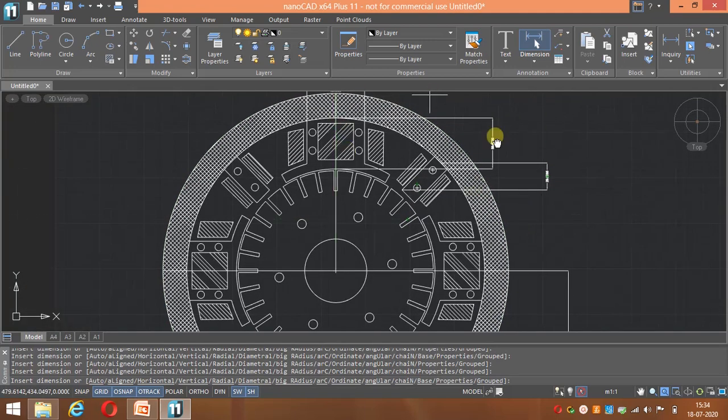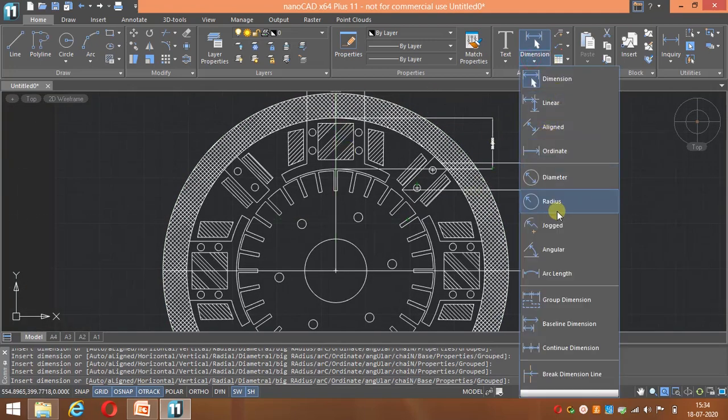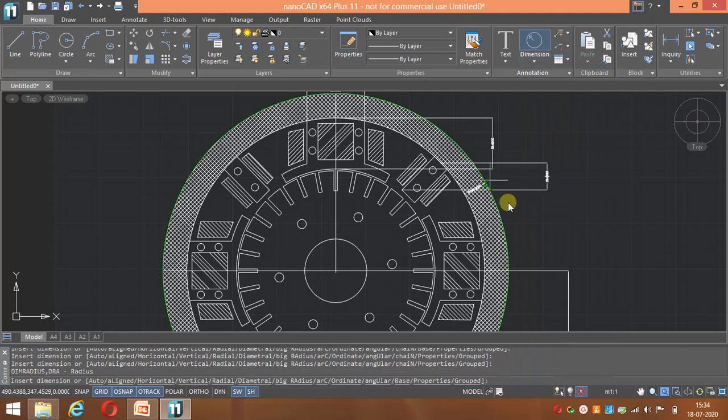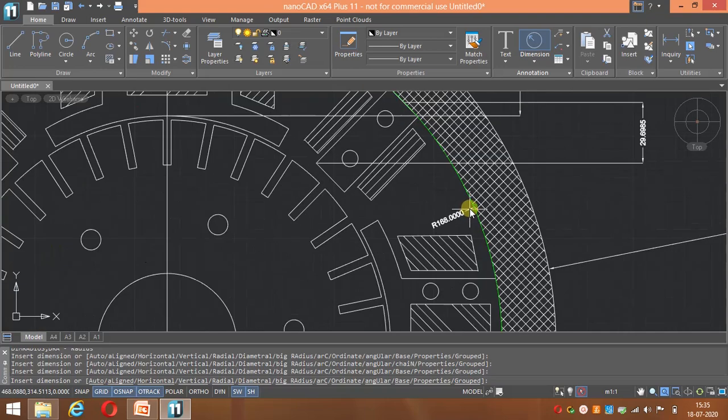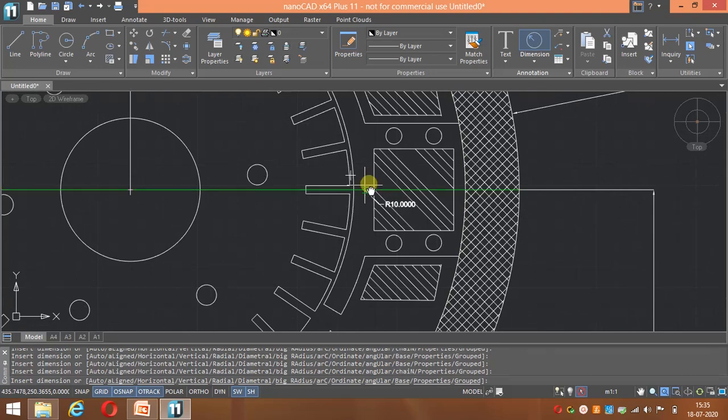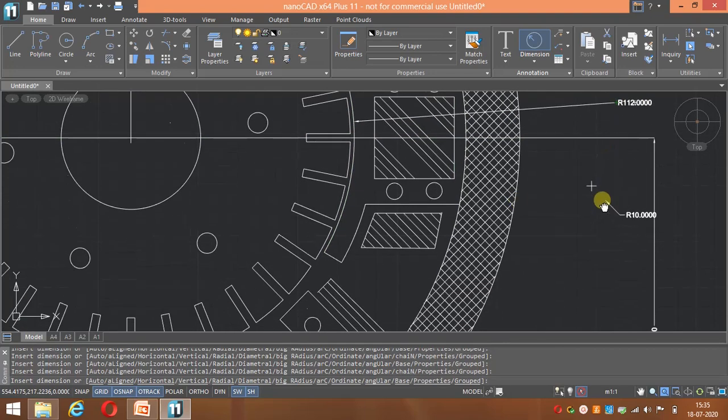Likewise you can show all the dimensions, and I will be showing the radius of outer yoke, inner yoke, and the radius of the pole arc.